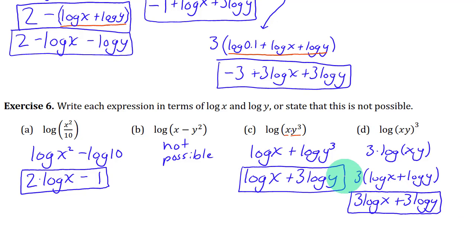And that's what you get. So you notice, with this one the idea is that the 3 applies to the x and the y. Both of them have the exponent 3 on them. So in the end, you end up with a 3 getting multiplied by both of the logarithms. With this one, you only have the 3 applied to just the y, so you end up with a 3 just multiplied by that.